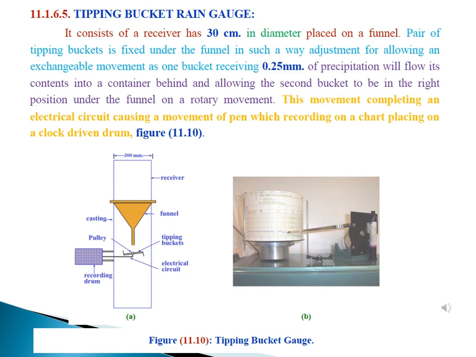This movement completes an electrical circuit causing a movement of the pen, which records on a chart placed on a clock-driven drum, as shown in the enclosed figure.